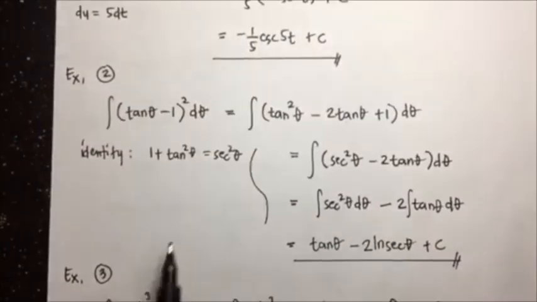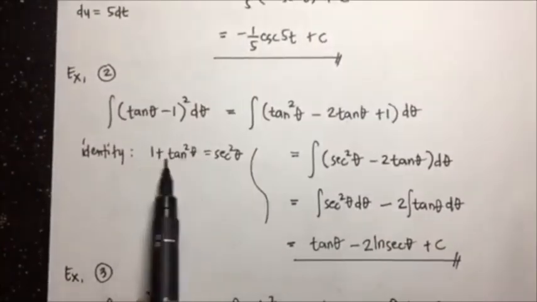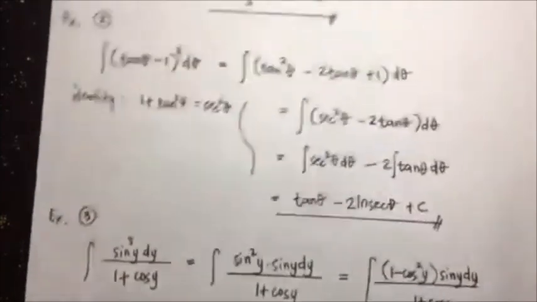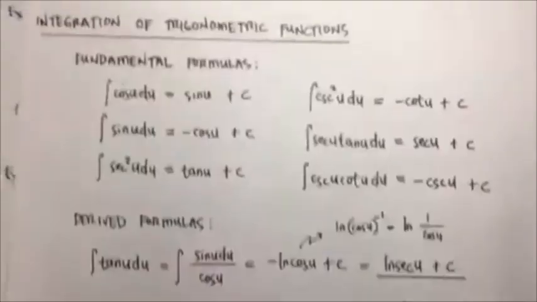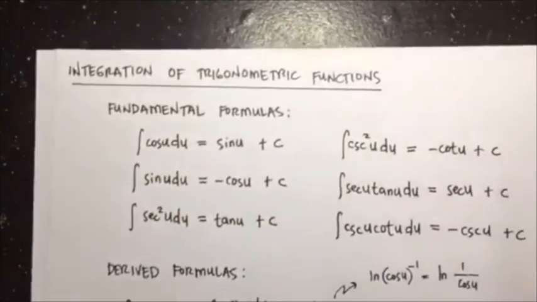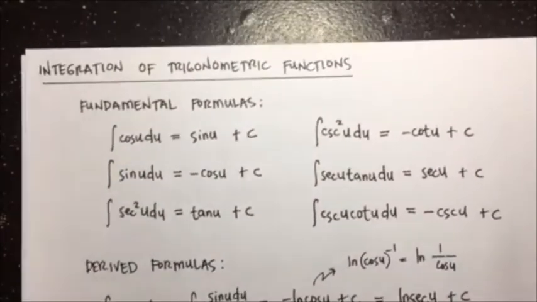So as you can see, it's very useful. In problem number 2, and here in problem number 3, we have used different identities. Okay, so that's it for this video, and good luck.